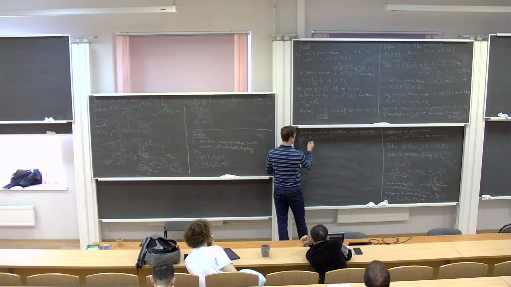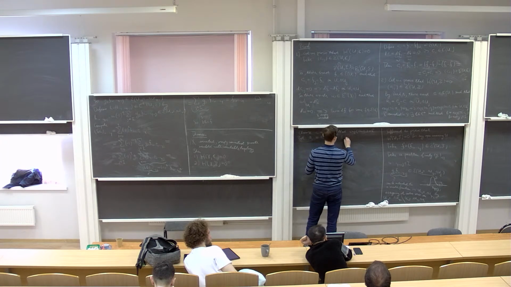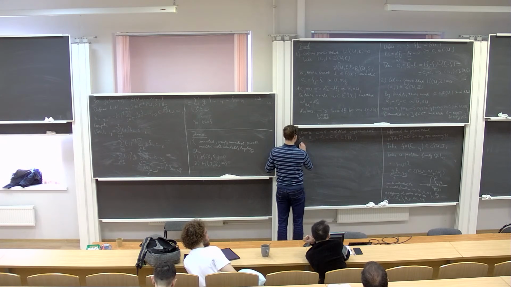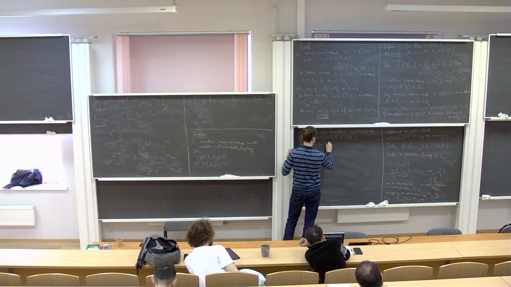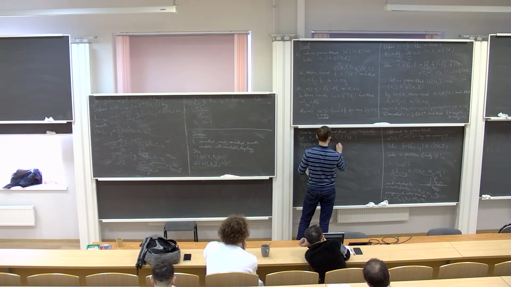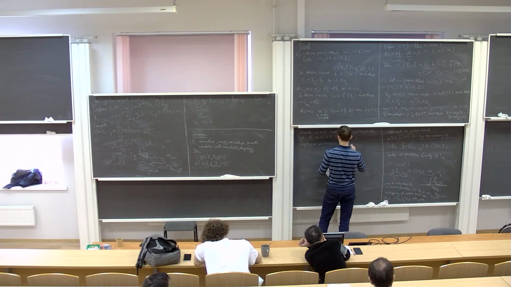A priori it's a C-valued locally constant function. But the exponent of 2 pi i Ai is equal to the exponent of 2 pi i Ci times the exponent of minus 2 pi i c.